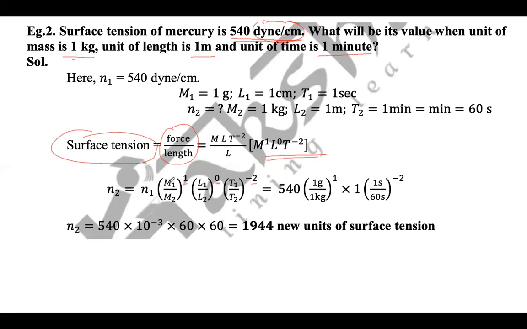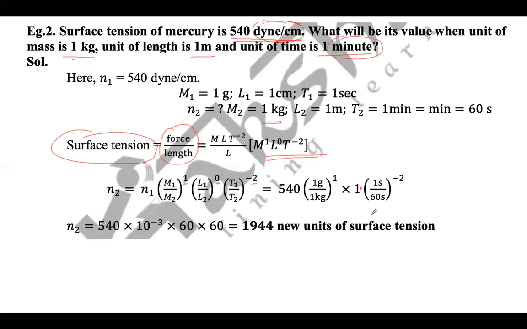Now see, mass M1 is in gram, and M2 was in kg. So we'll use 1 gram by 1 kg raised to the power 1. L1 by L2, both L1 and L2 are raised to the power 0. So anything raised to the power 0 is 1 only. So we'll write here 1. Then T1 by T2: T1 is in second and T2 is in minutes. Here the time unit is minutes.